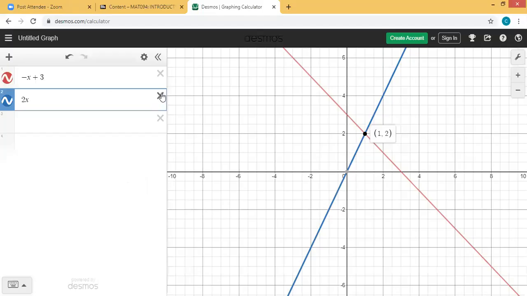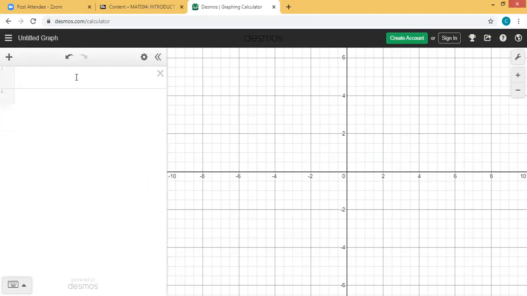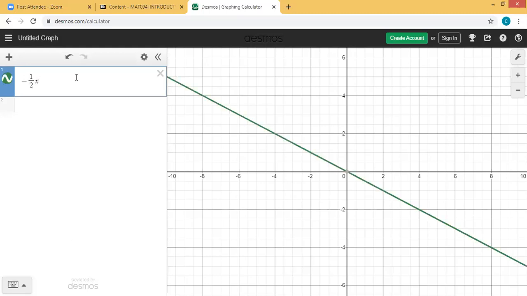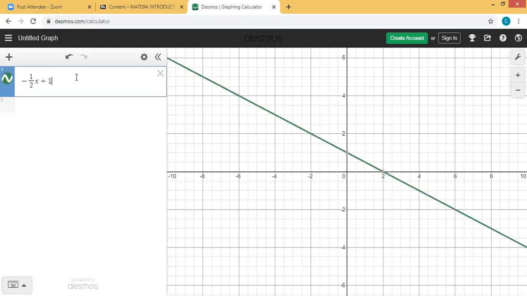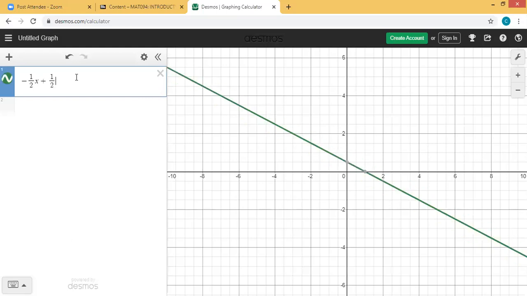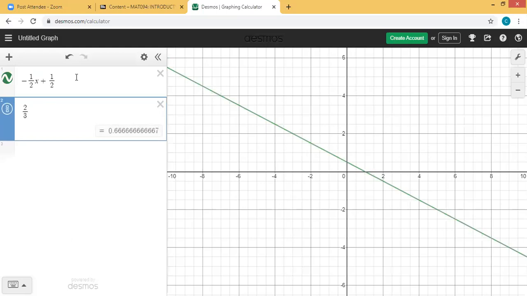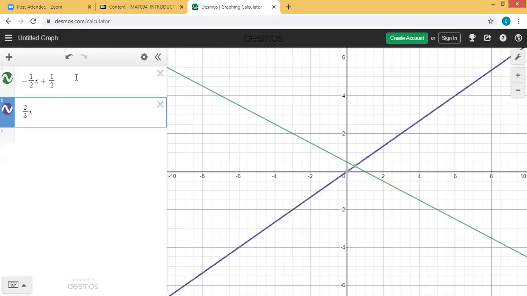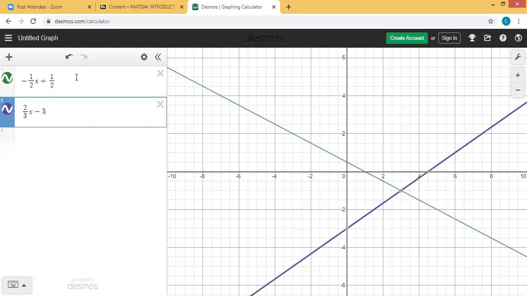We're going to close these out so we can start new. And we want to make sure that negative 1/2, move the cursor over so that you can type the x next to it, plus 1/2, enter, and then 2/3, move it over so that you can type the x next to it, minus 3.